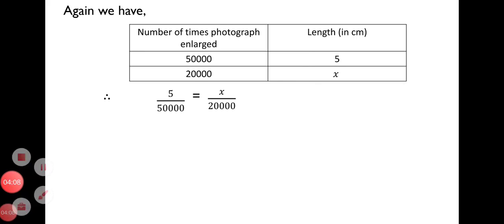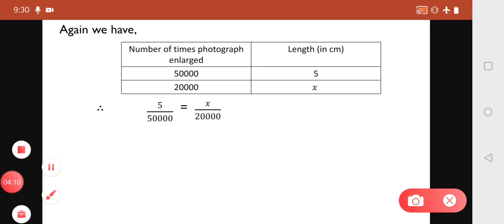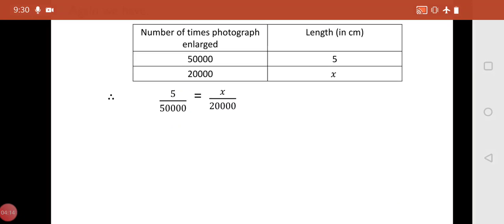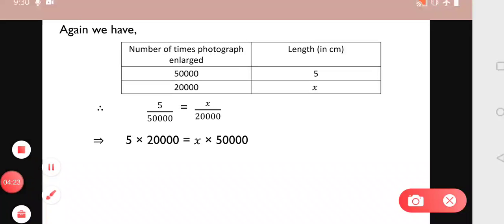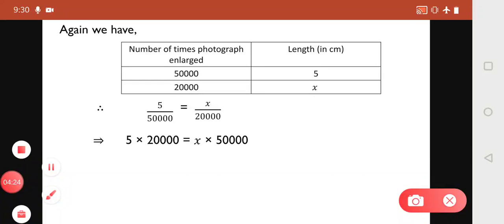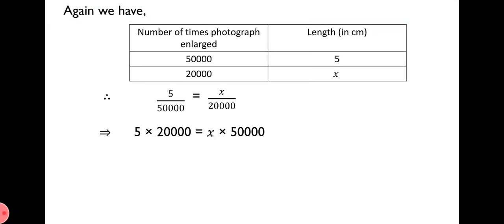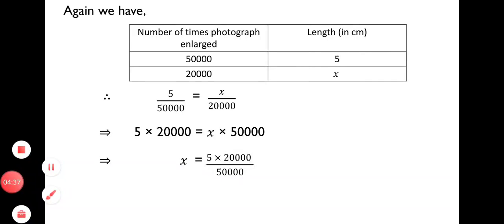Therefore again we will do cross multiplication. We multiply like this, cross. So we will get 5 into 20,000 equal to x into 50,000. Again we want to find the value of x only, so we will transpose 50,000 to the opposite side. Multiplication becomes division. Therefore x equal to 5 into 20,000 upon 50,000.